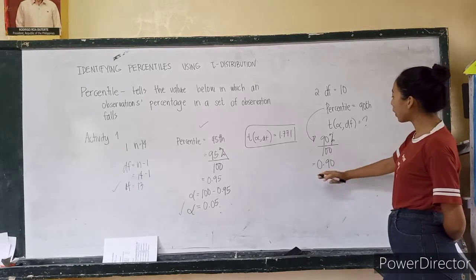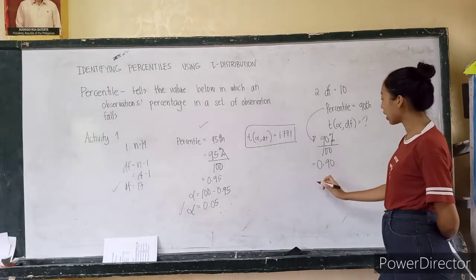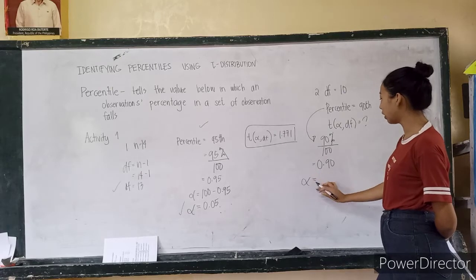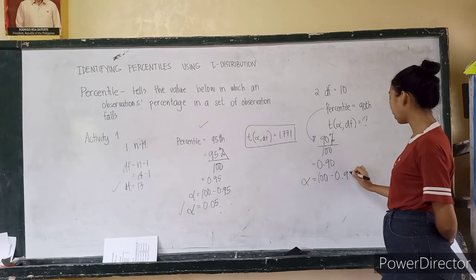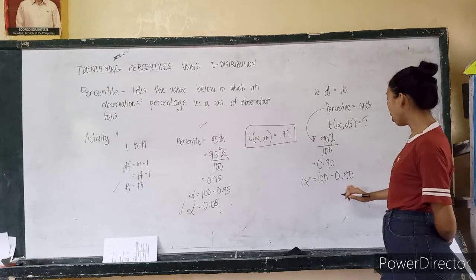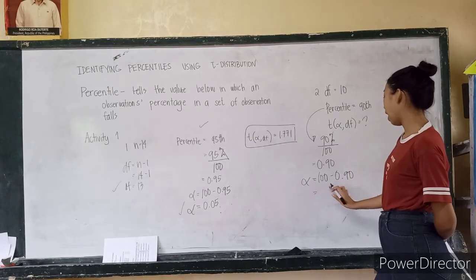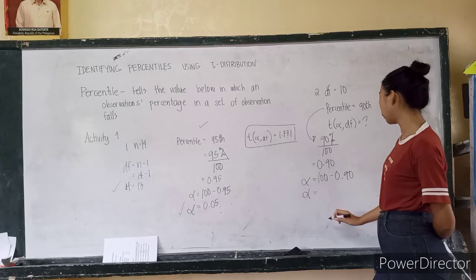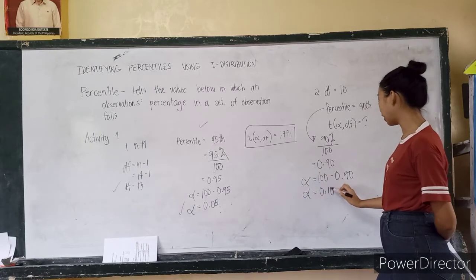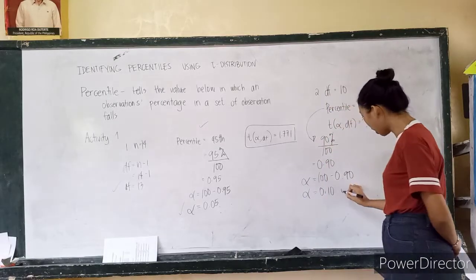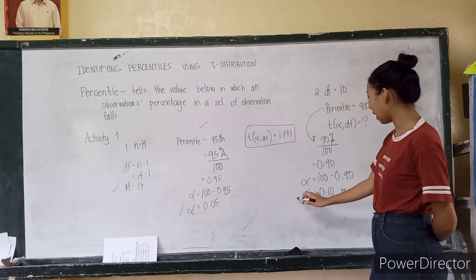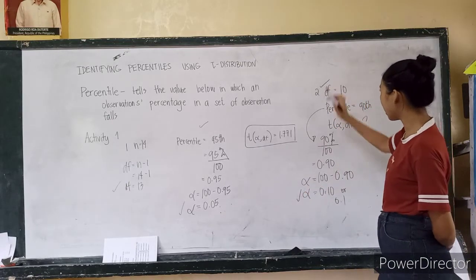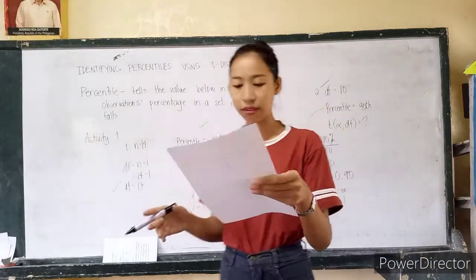Then we subtract 0.90 from 1 to find alpha. So, 1 minus 0.90. Clear? Therefore, our alpha is equal to 0.10 or 0.1. Now we have our alpha, and df is given. What we are looking for is the t-value.